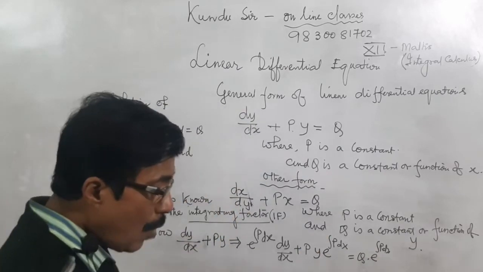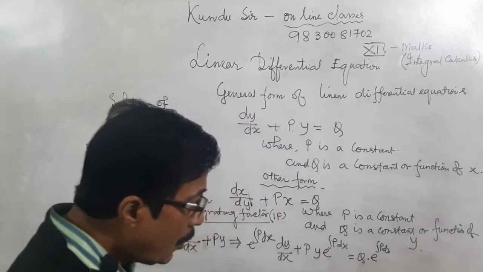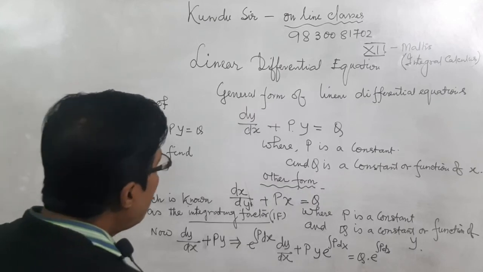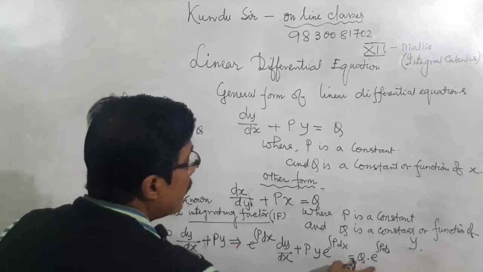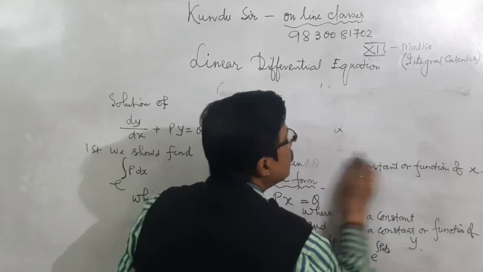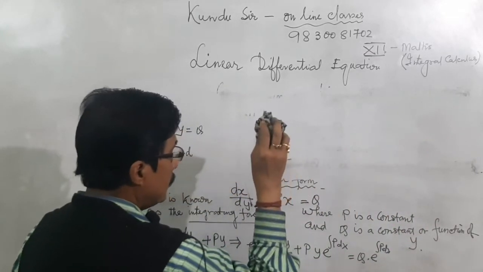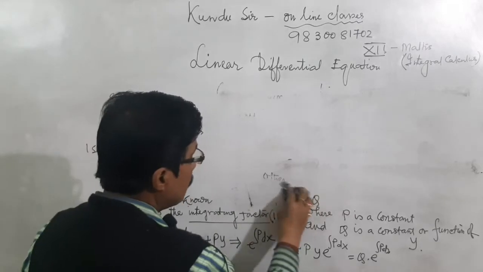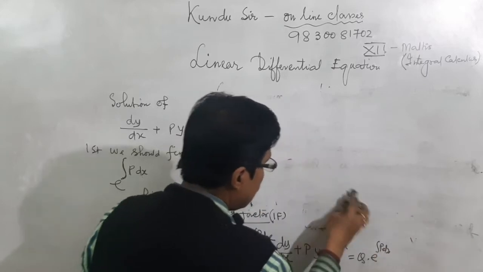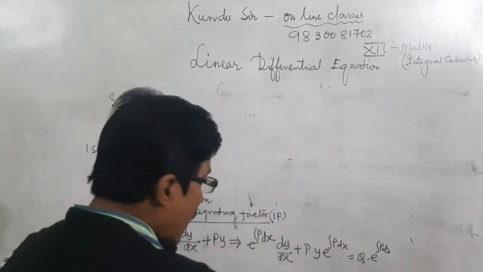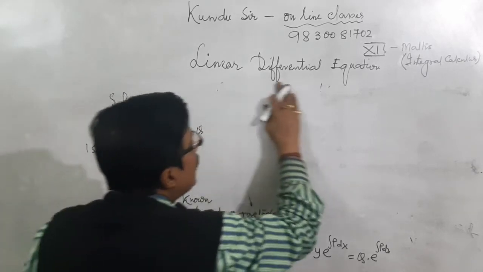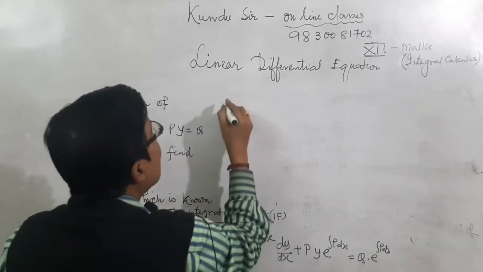From this, what can we write here? So we are again writing from here. That means we are removing this part. That is, we have come here. So now from here, what can we write?